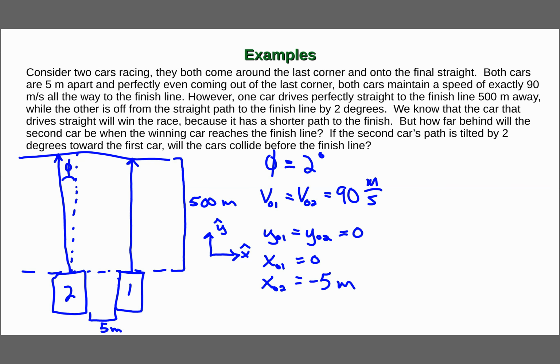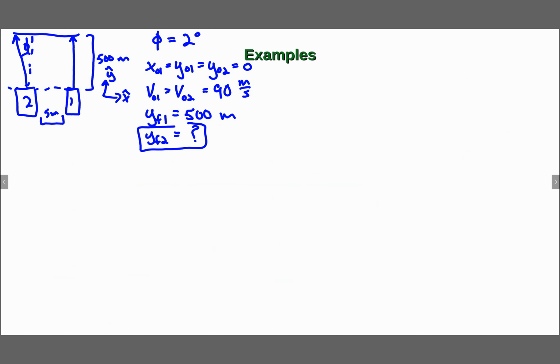Then what it wants to know is, what is y final 2? Which is the same as asking, what is y2 when y1 equals 500 meters? So y final 1 equals 500 meters. Now that we have our problem drawn out, we should remember one final thing.